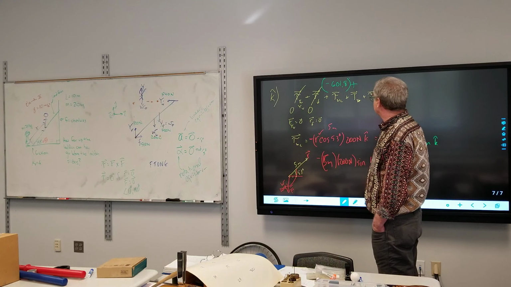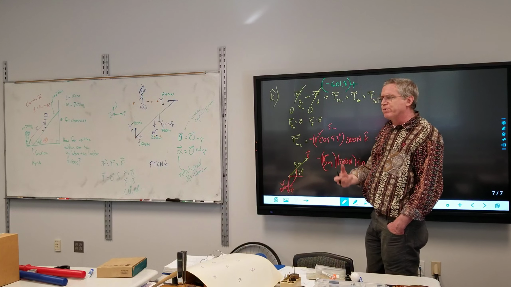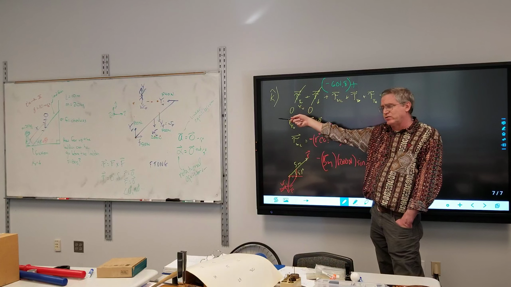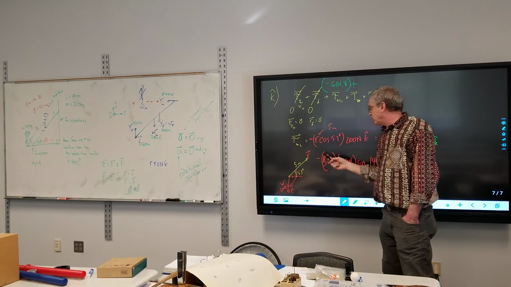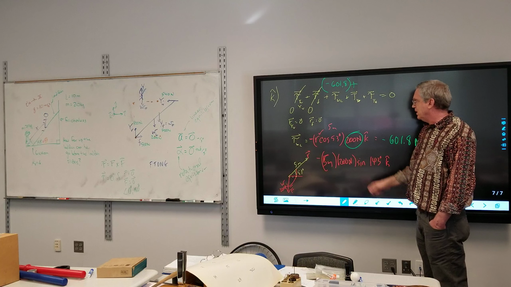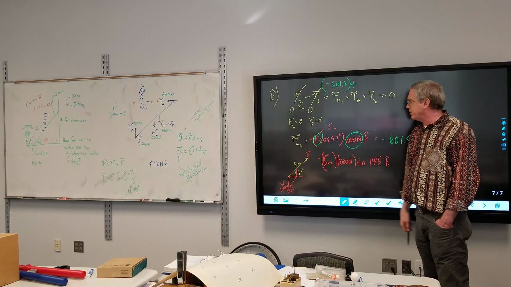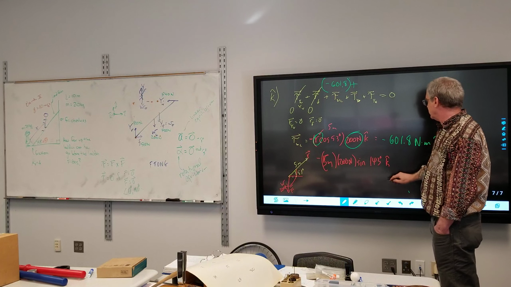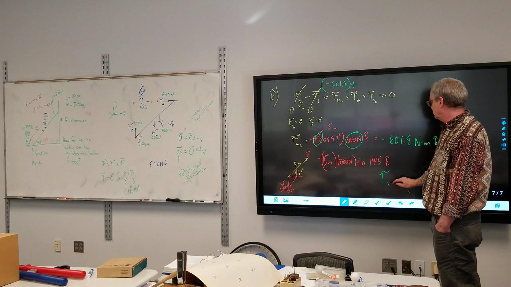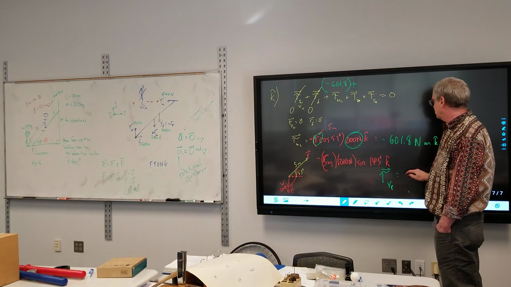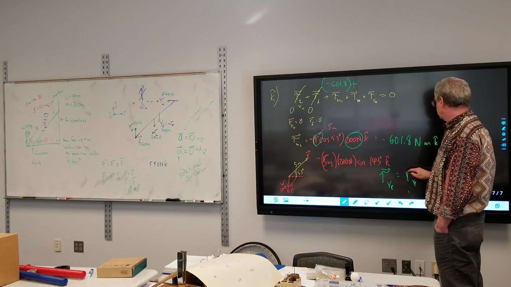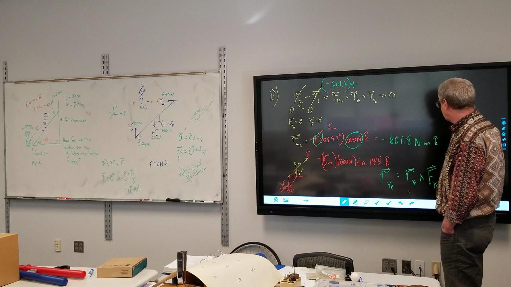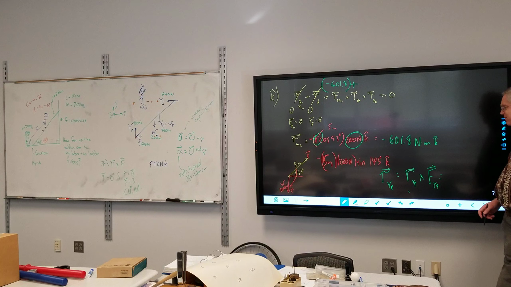Plus the person. I don't know where the person is, but what I do know is it's in the same direction as the weight of the ladder. So this number right here changes, and that number right there changes. But my angle is the same. So the torque from the person, I know it's going to be in the negative K hat direction.